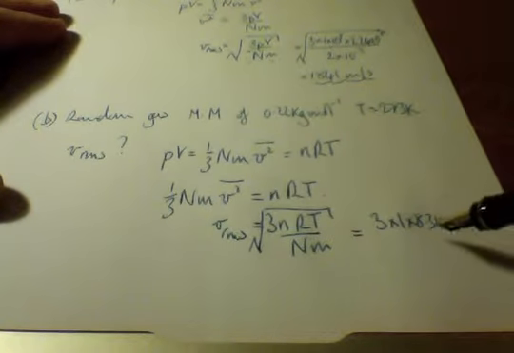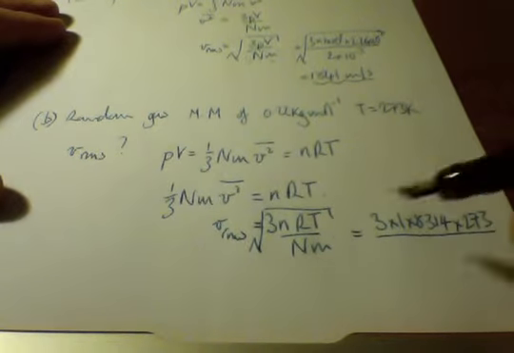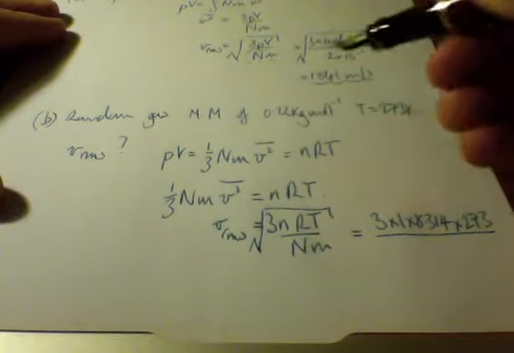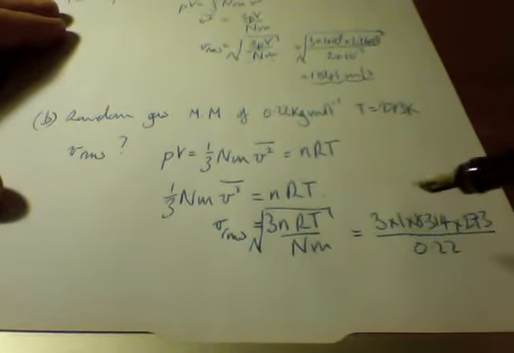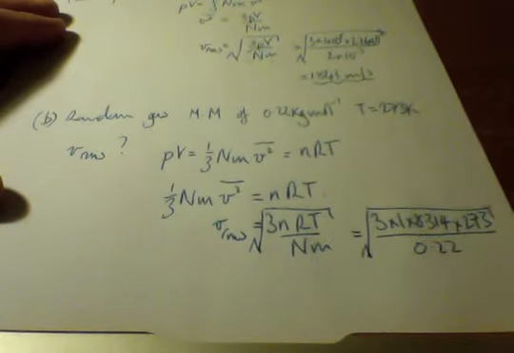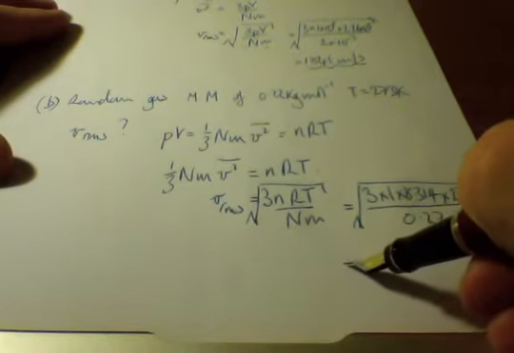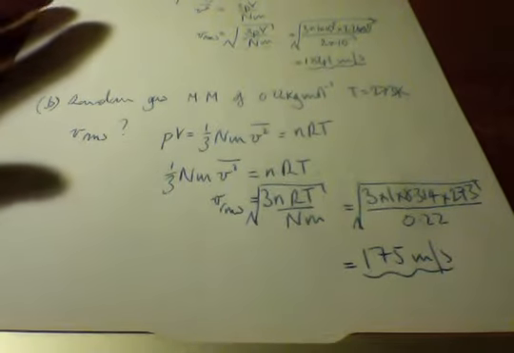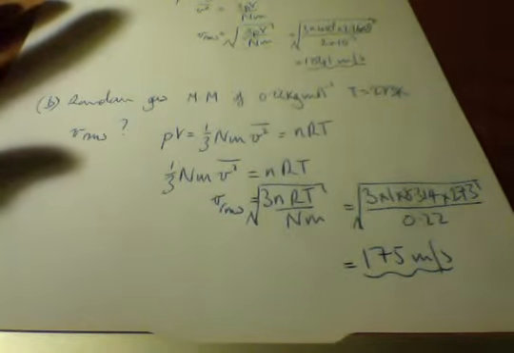Important to keep that in Kelvin. And the total mass present, and because I've got 1 mole, 0.22 per kilogram. Keep everything in standard units. And that gives me 175 meters per second. So a pretty slow gas in this instance.